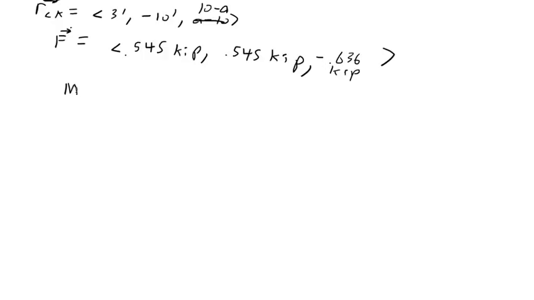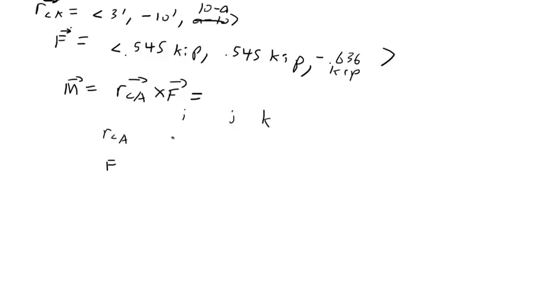The moment is going to be equal to r_CA cross F, which is going to be equal to, we're going to create a little table here, r_CA and F. Let's see, i, j, and k.